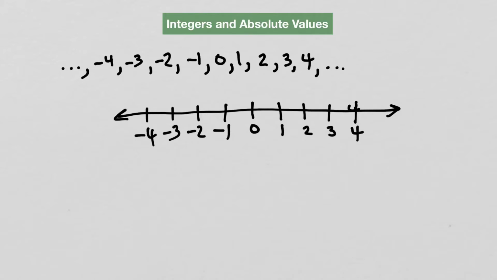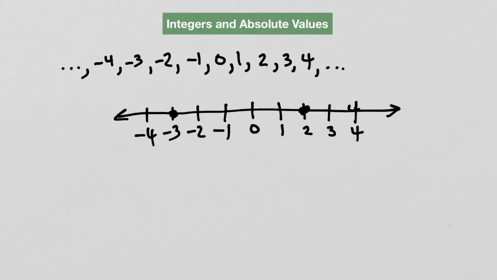Okay, so if I asked you to represent the number 2 on the number line, you would put a dot at 2. Or if I asked you to represent the number -3 on the number line, you would put a dot on -3.